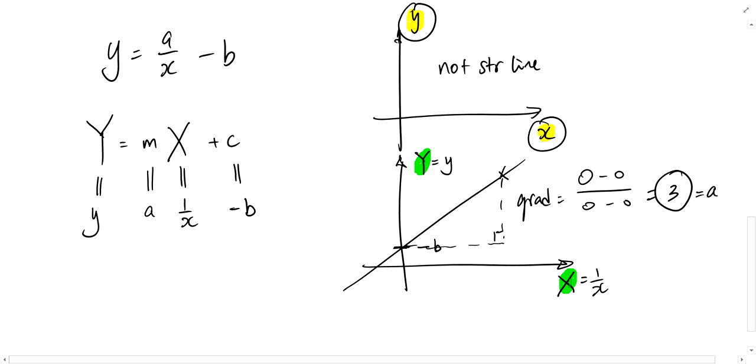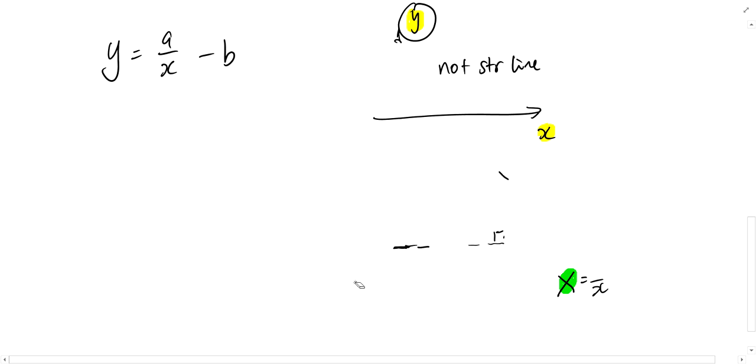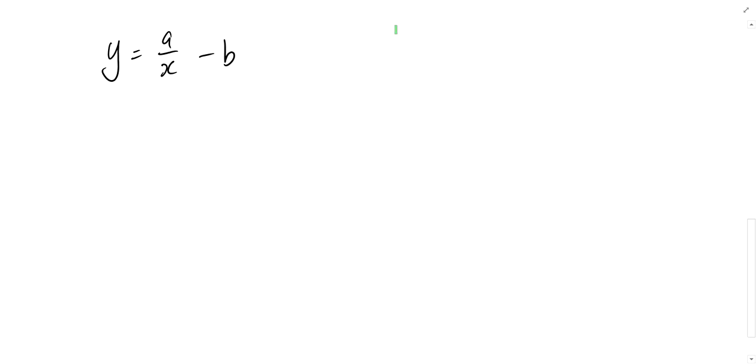Alright? Okay, now the question says, back to the worked example, they gave you a graph. It has a vertical axis of xy, and a horizontal axis of x. This is the origin.